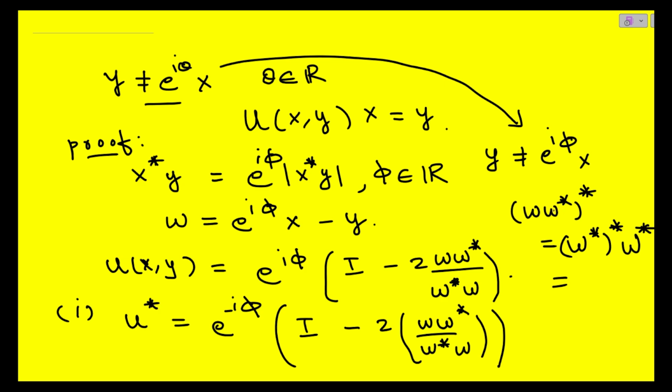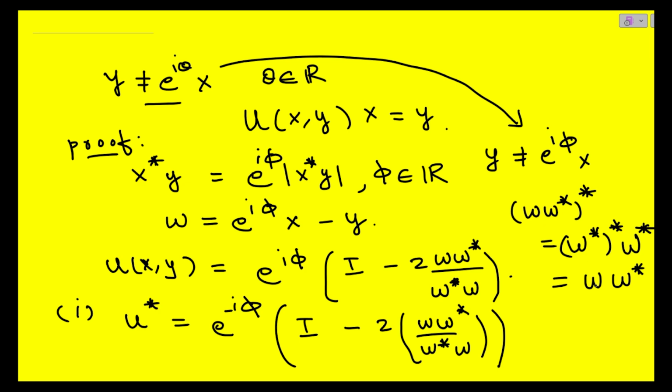When you take a star operation, if it's a and b, b star times a is what happens. It gets flipped, you apply b star, and then there's a. The same thing I'm doing for w star. So now let's take the star operation for this one. When you do this, you get w, w star star, which is the same thing, and then you get w star. So what you end up with is the same thing. It hasn't changed.